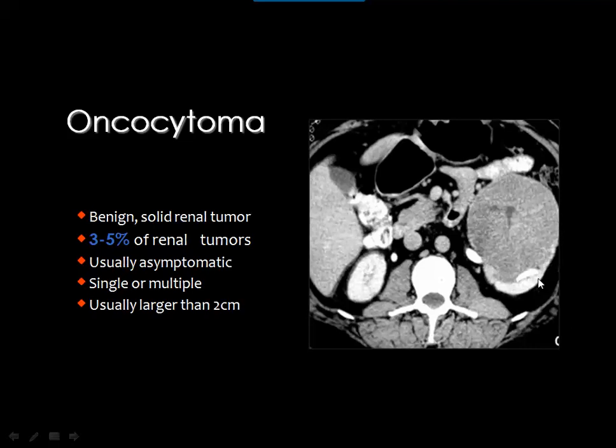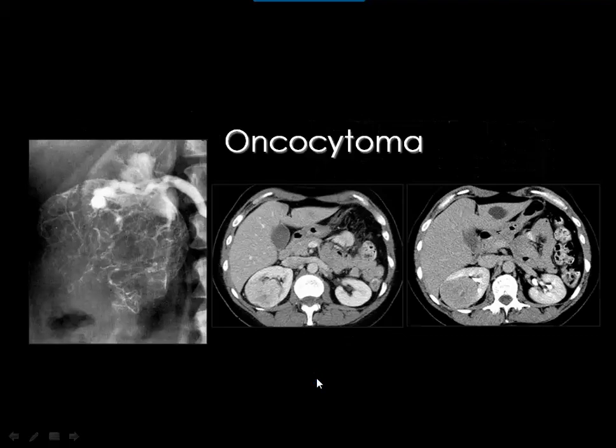And here the claw sign, which is extension of the enhancing renal parenchyma along the border of the tumor, and you see a big solid tumor, and this central non-enhancing scar is considered by the literature as one of the pathognomonic findings for oncocytoma.